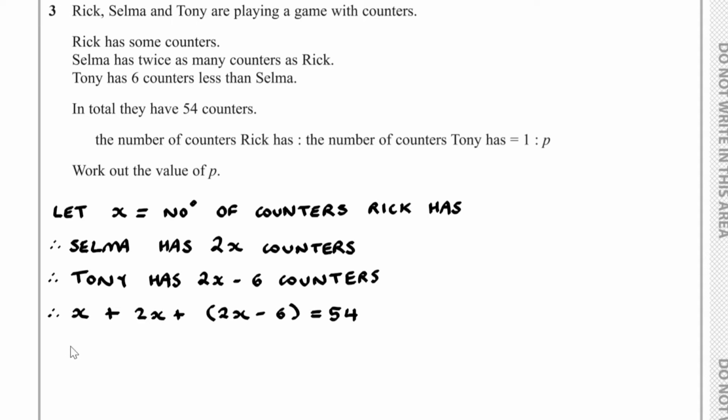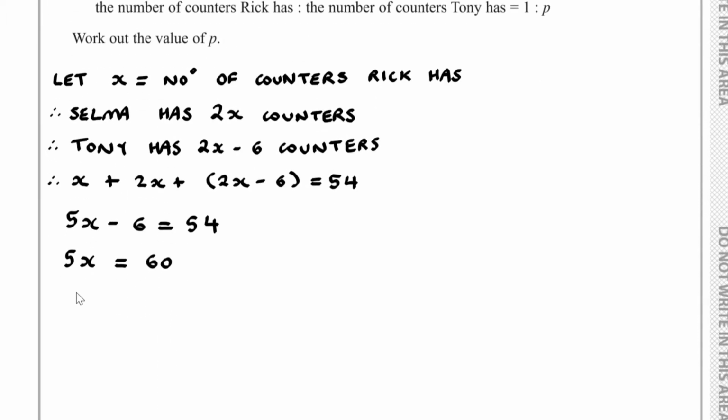So, simplifying, we have 5x minus 6 equals 54. 5x is 60, which means x is equal to 12.